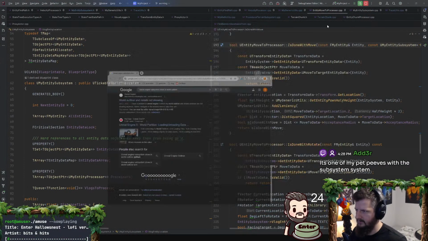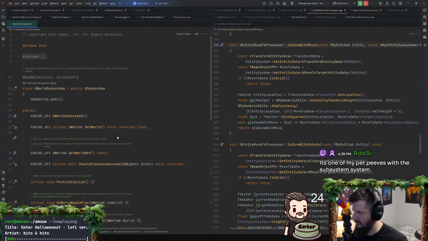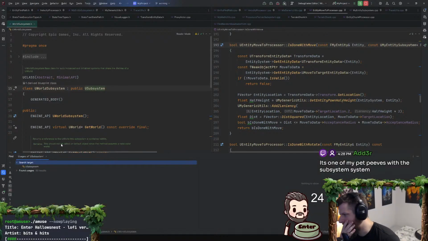There's not like a certain subsystem, like editor subsystem. I know that there's an editor subsystem.